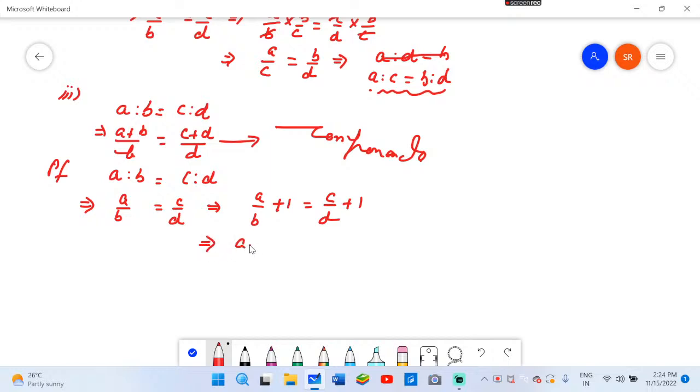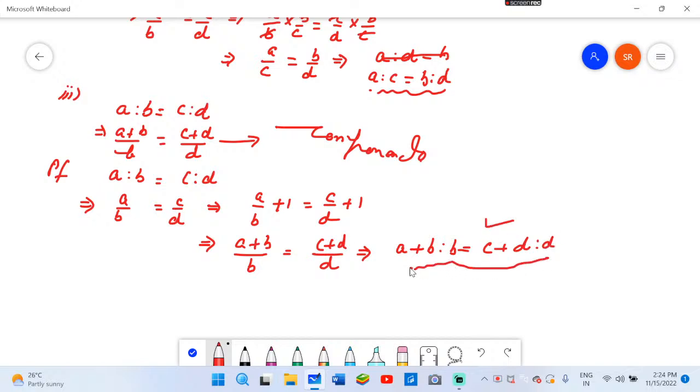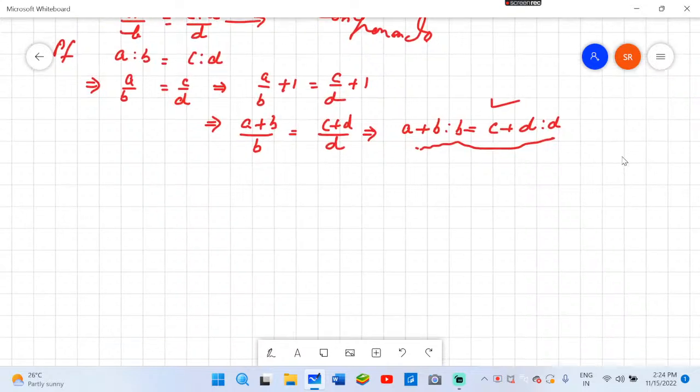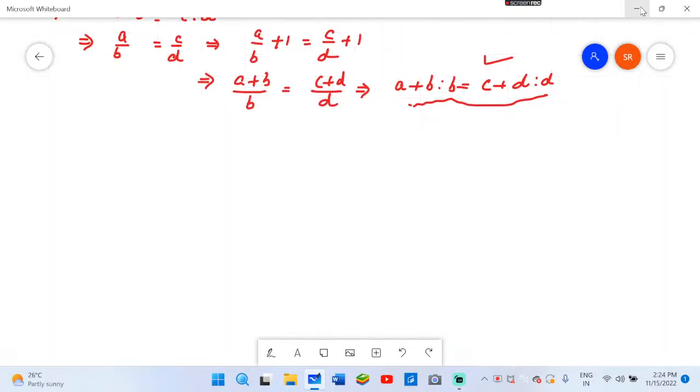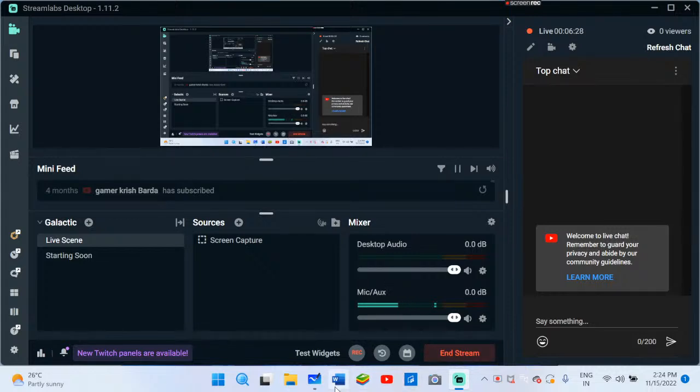Taking LCM, it becomes A plus B whole upon B equal to C plus D whole upon D, which we can write as A plus B is to B equal to C plus D is to D. And this is called componendo.